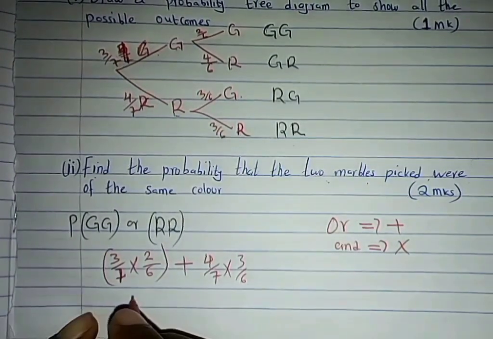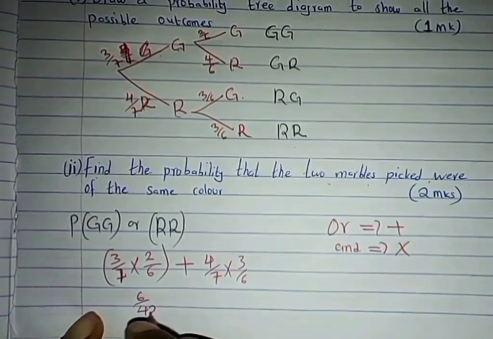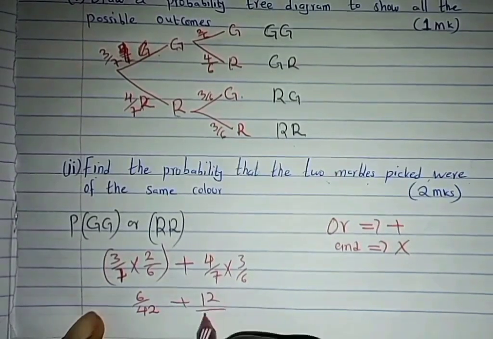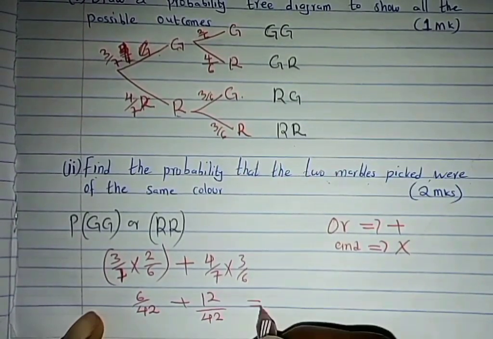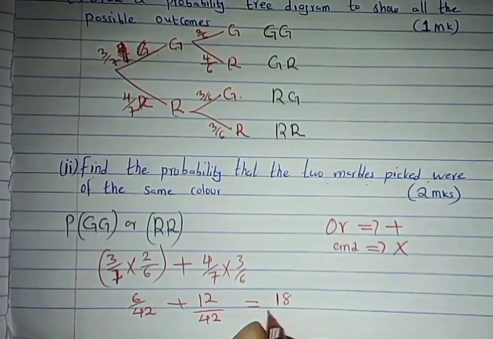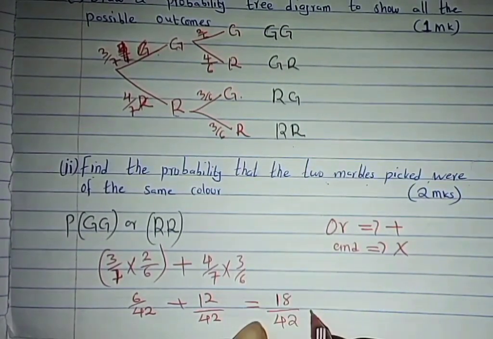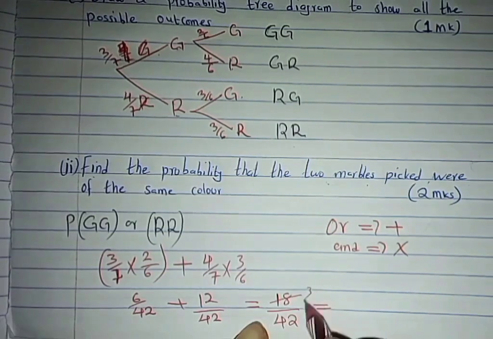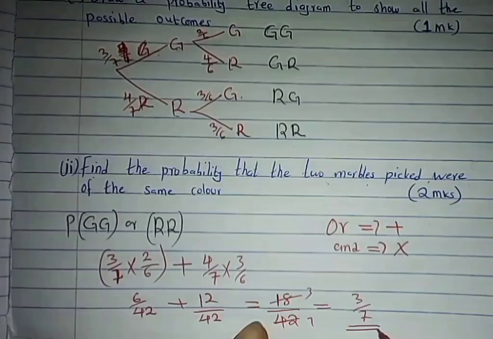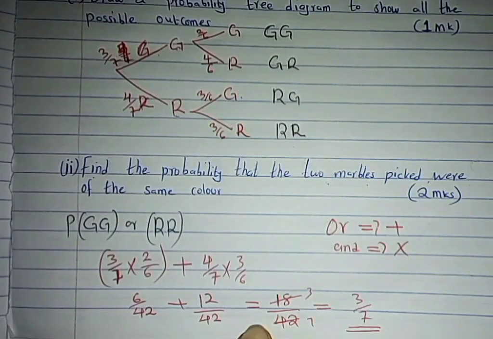This will be 6 out of 42 plus 12 out of 42. When you add here, you will get 18 out of 42. Or you can simplify. When you simplify this one, dividing by 6, you remain with 3 out of 7. So this is the probability whether the two marbles are of the same color.